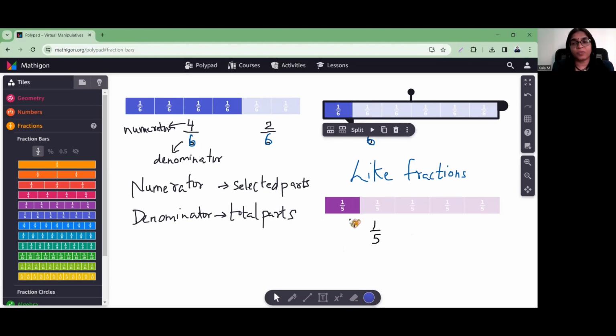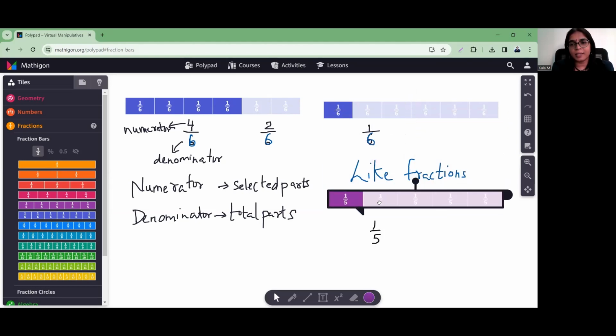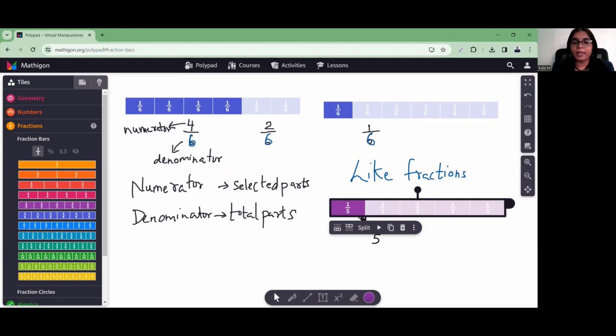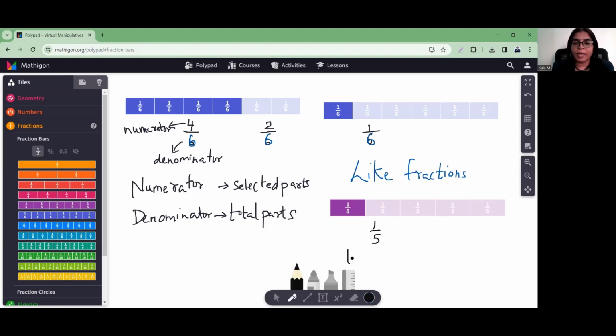So the 1/5 and 1/6, even if you keep them like this and see, the size is different. 1/5 is a little more. 1/6 is a little less, isn't it? So it is not looking alike. When I compare this and this, they're not looking like each other. So we call them unlike fractions. This is one category of comparing fractions.